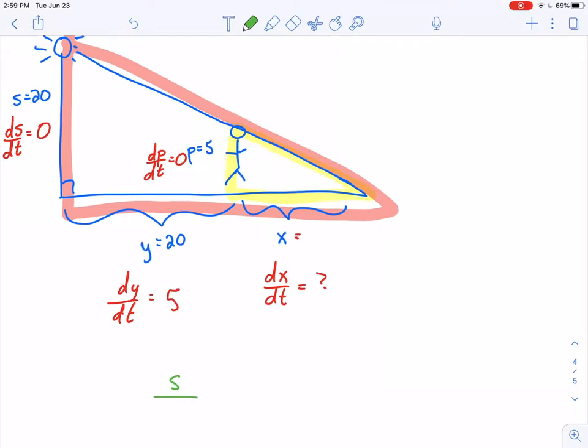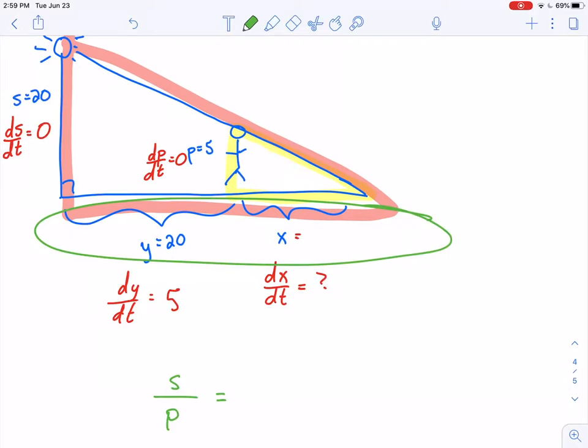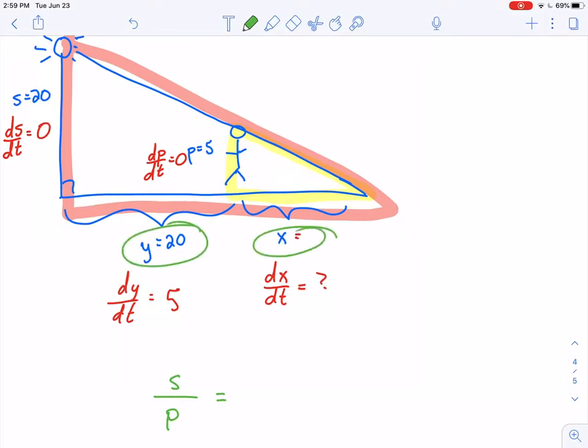So s divided by p is equal to, now I'd like to talk about this horizontal side over here. The tricky part is that for that horizontal side I don't have one variable to talk about it. I have y and I have x.